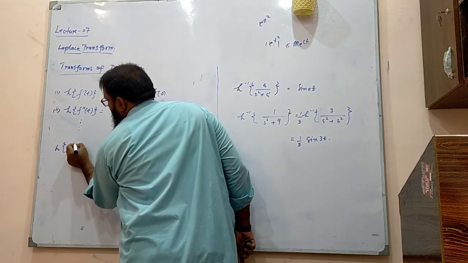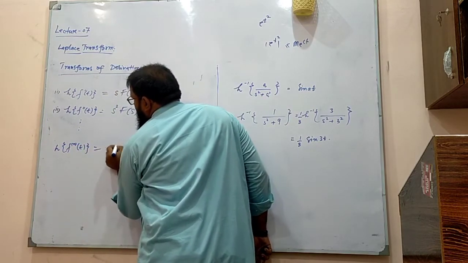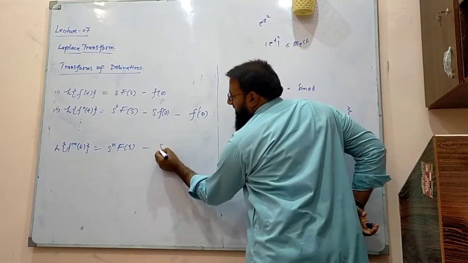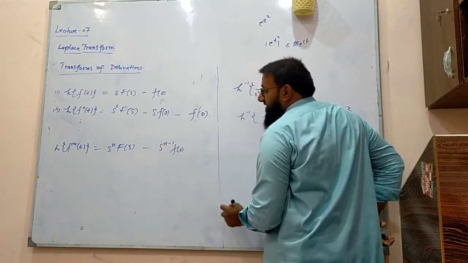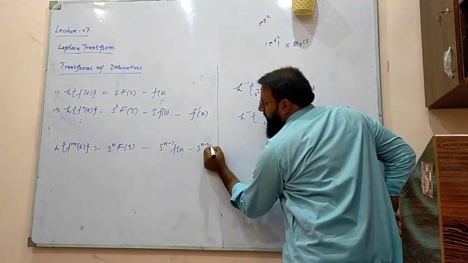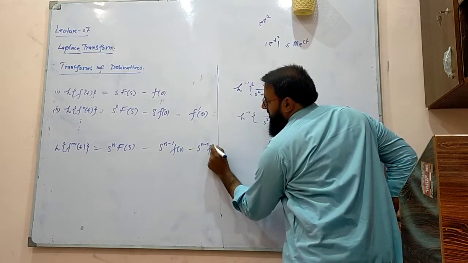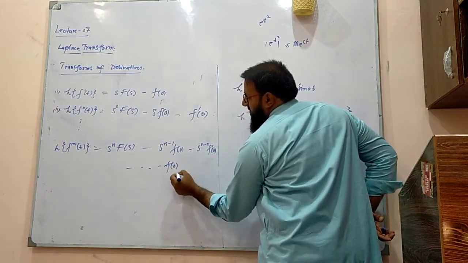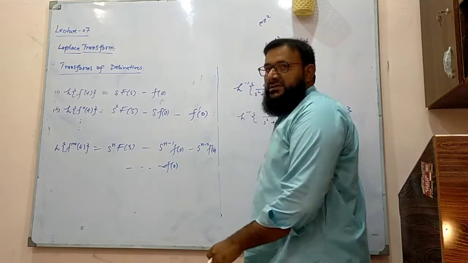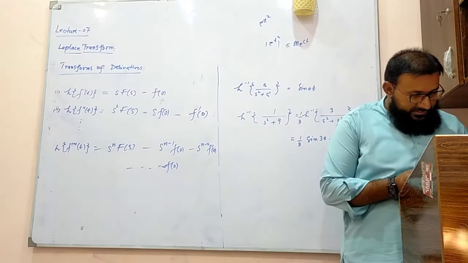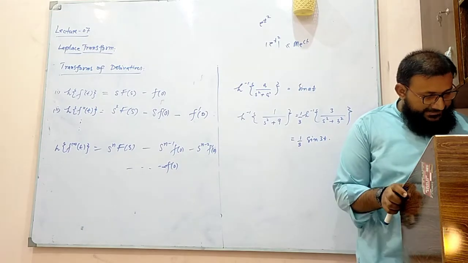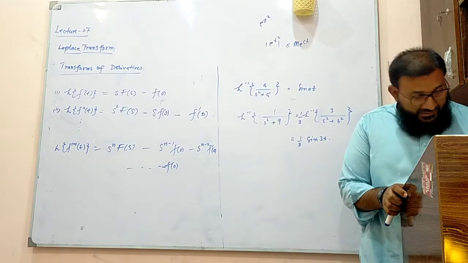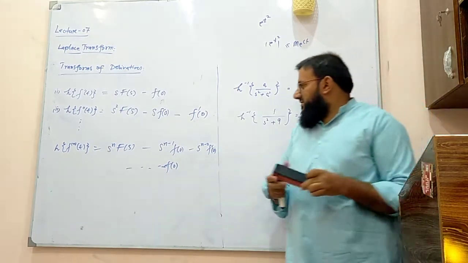Similarly, if we generalize this, what happens? The Laplace transform of f n of t is going to be F of s times s power n, and then minus s power n minus 1 f of 0, minus s power n minus 2 f prime of 0, minus and so on up to the end.